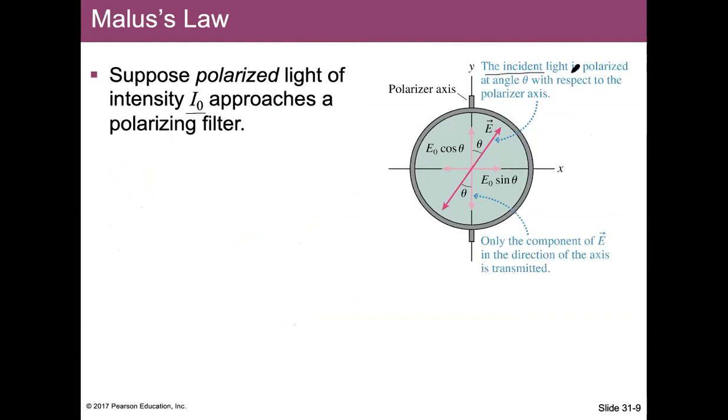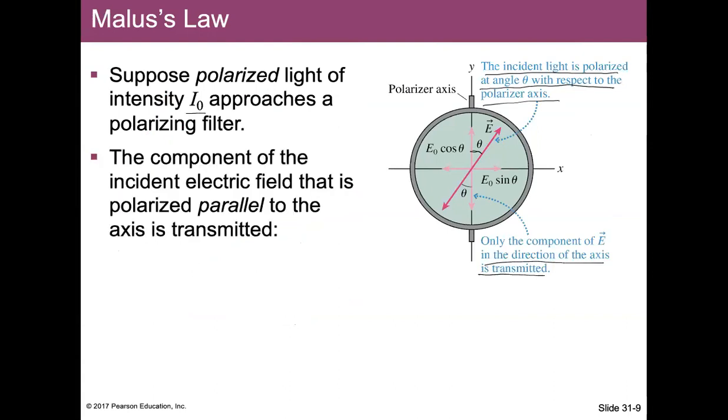The incident light is polarized at angle theta with respect to the polarizer axis. Only the component of E that is in the direction of the axis is transmitted. So the component of the incident electric field that is polarized parallel to the axis is transmitted, just the component that is parallel.